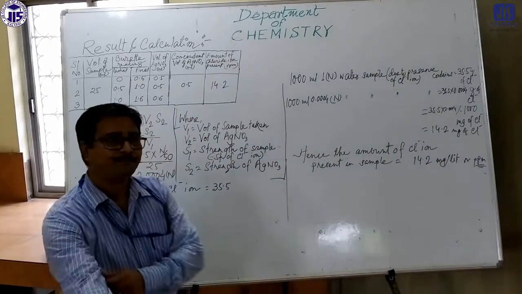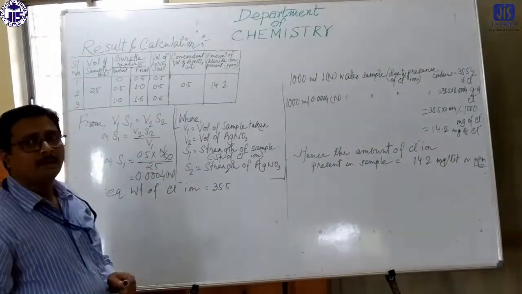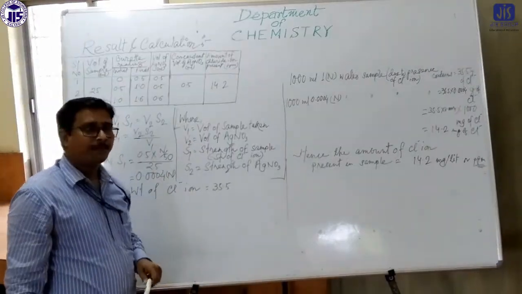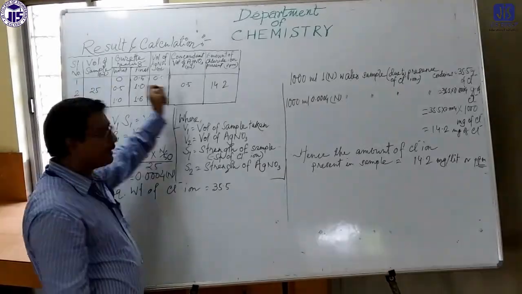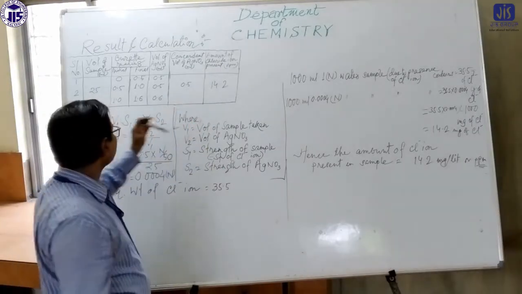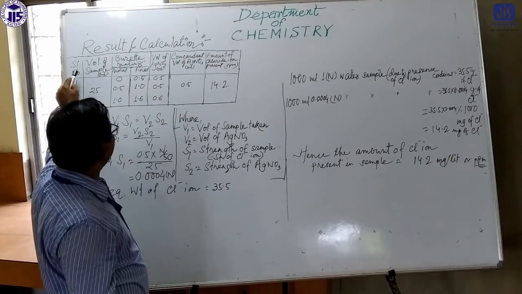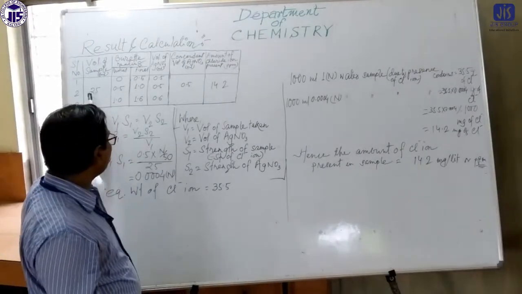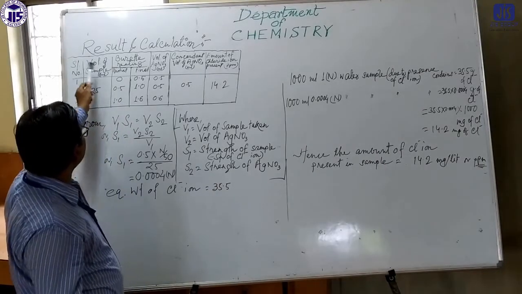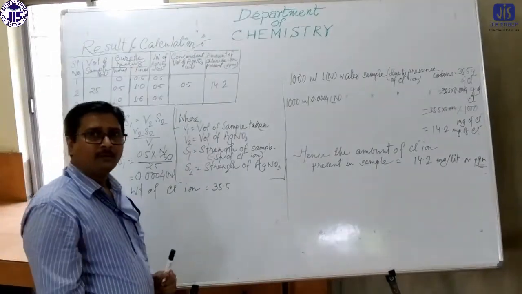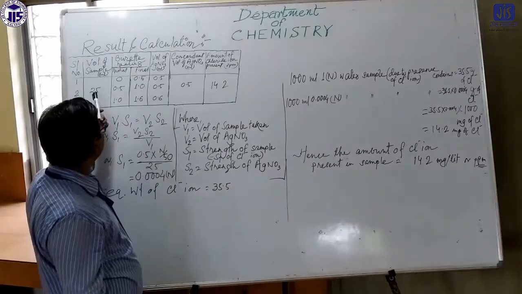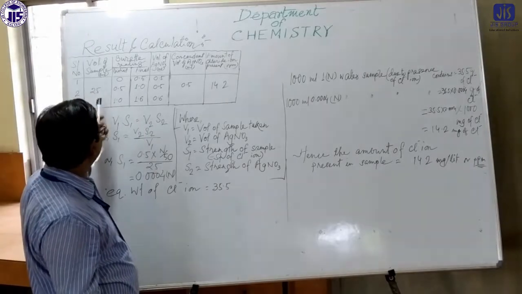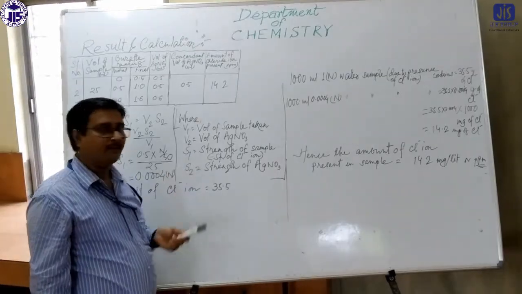Okay students, now the last part of the experiment is result and calculation. We have to fill up the table after doing the practical. I told you to take 3 observations and put them into the table. The first column is volume of sample, that is 25, so for the 3 observations, write down 25.